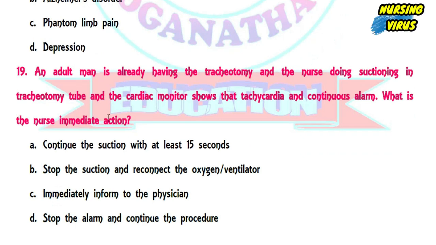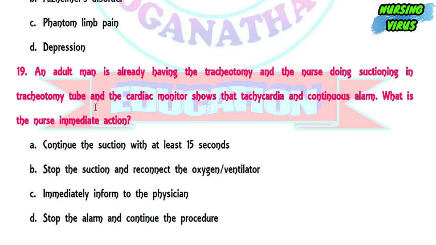Next one, an adult man already has a tracheostomy and the nurse is doing suctioning in the tracheostomy tube, and the cardiac monitor shows tachycardia and continuous alarming. What is the nurse's immediate action?